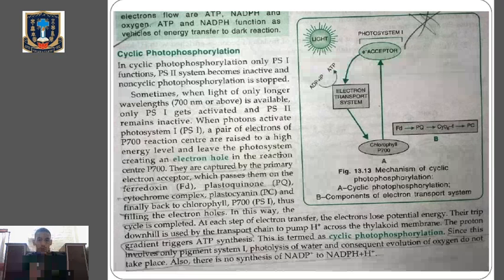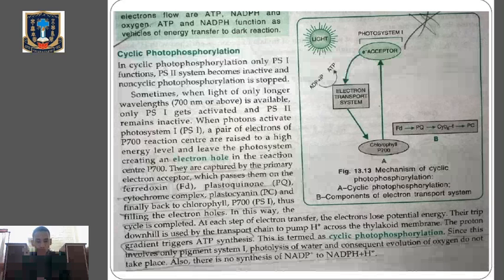Clear? So when the photons activate PS1, a pair of electrons of the P700 reaction center are raised to a high energy level. So when the reaction center of P700 receives light having wavelength 700 nanometer, the electrons in the reaction center of P700 become excited. And they will leave the reaction center, and an electron hole will be created in the reaction center of PS1.